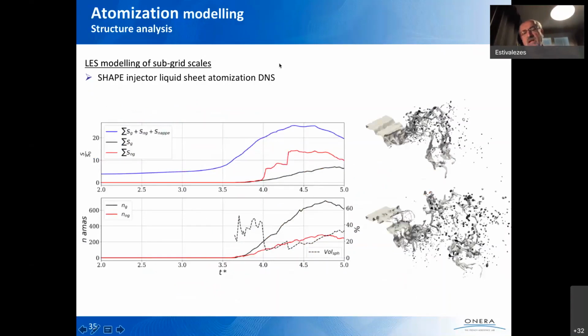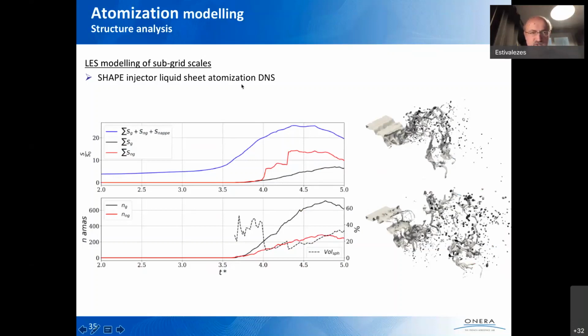The first things we have done were with periodic simulations, which are not so realistic compared to real problems. So at the moment we are doing the same with real spatial simulation, and trying to see, in the same configuration that I presented before, the shear-injected liquid sheet atomization.